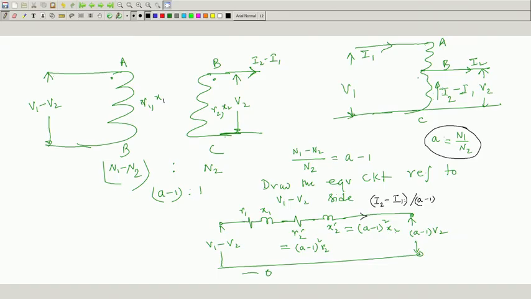This will be the current. So what we have got here will be the starting point.